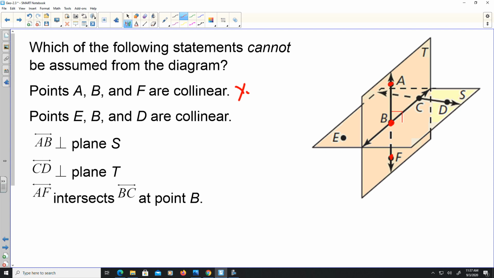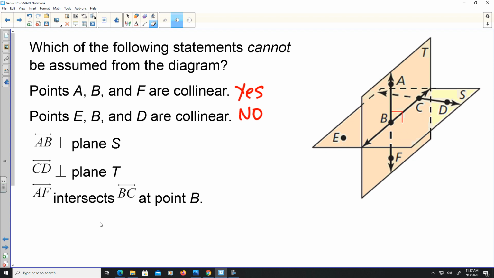So yes, I can make that assumption. For the second statement, it's saying that E, B, and D are collinear. Could they be? Sure, but because there's no line that goes through E, B, and D, I cannot make that assumption.